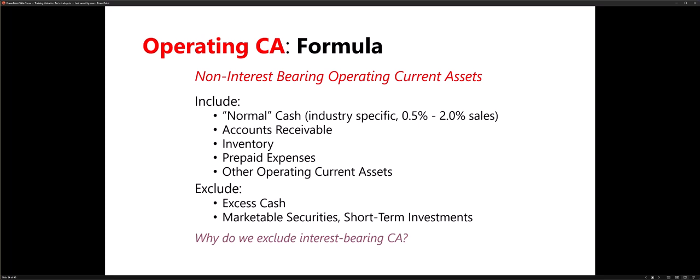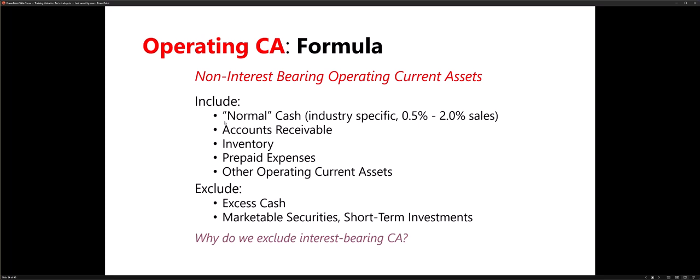Because if there's no coins available, then nobody would probably use the laundry because nobody usually has a lot of quarters on hand, because they're heavy, they're dirty, of course. So normally it's industry specific, but normally it's around 0.5, a small part of your sales that you need to run the business. So you want to include it because you need it.